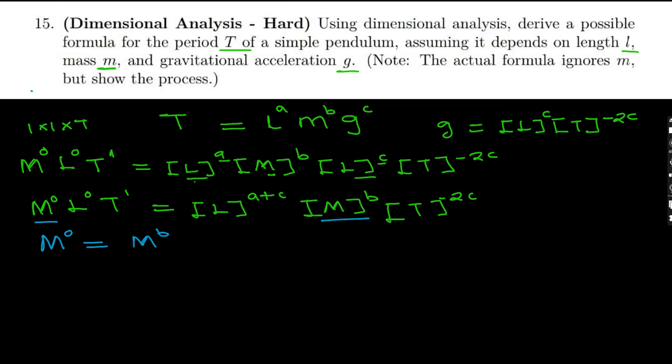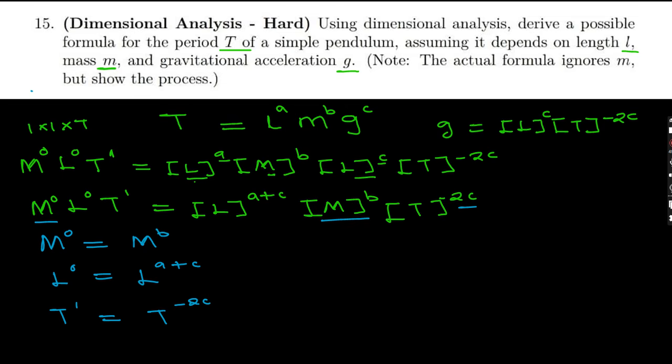What is L? We have L to the power 0, also now here L to the power a plus c. What else do we have? We have T to the power 1 equal to T to the power -2c.